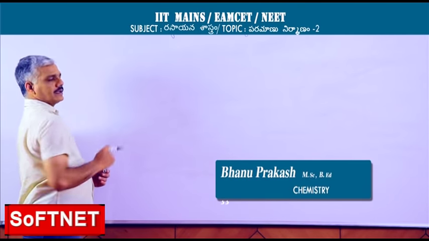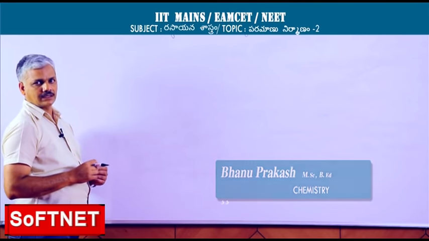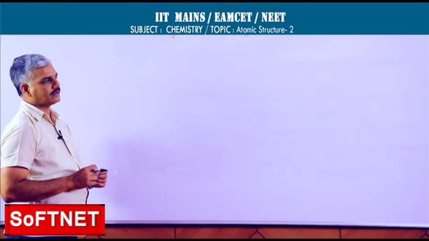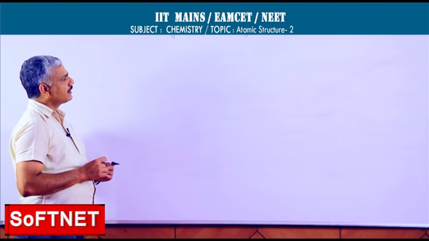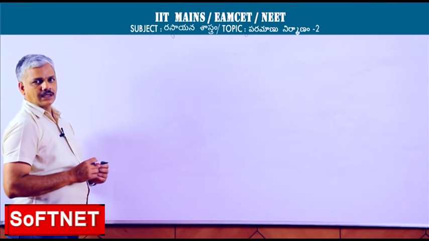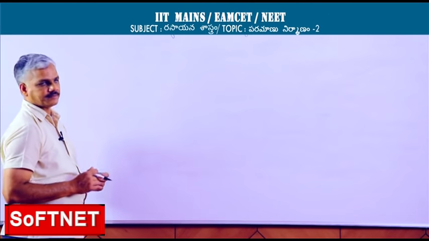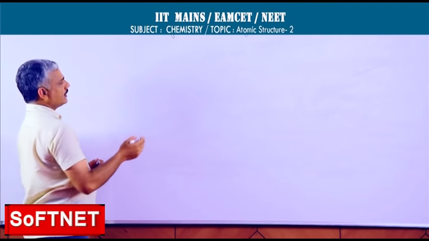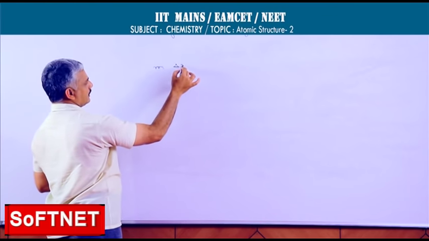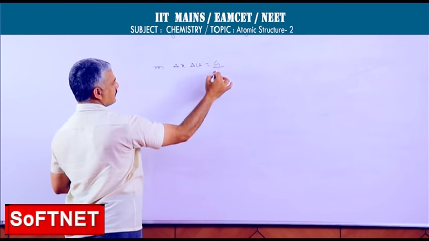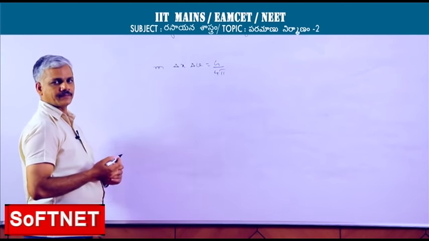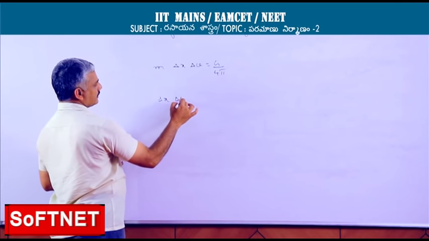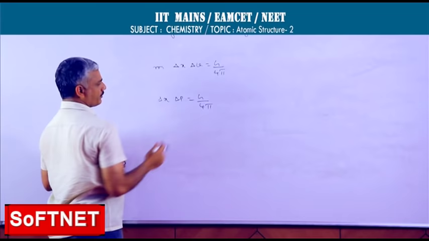So initially Heisenberg says it is impossible to calculate the exact position and velocity, but continues to say that you can calculate the uncertainty in the calculation of position and velocity, and the corresponding relation is called as Heisenberg's uncertainty equation, which is represented as m delta x delta v is equal to h by 4 pi, or you can write it as delta x delta p is equal to h by 4 pi.